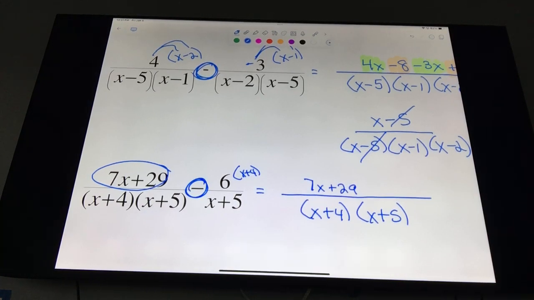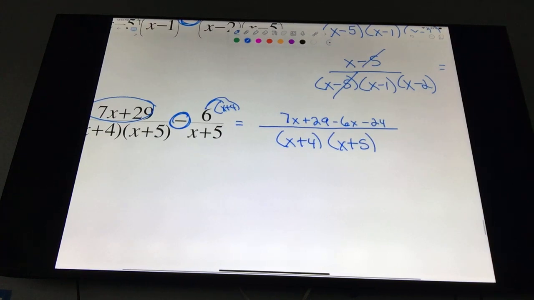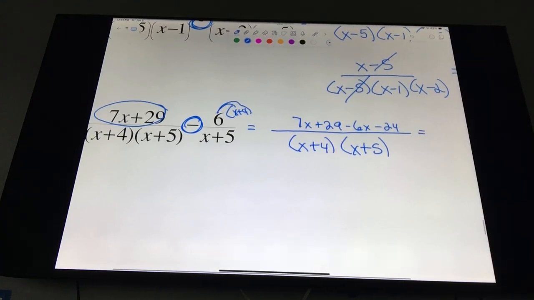Minus 6 times x, minus 6x, minus 6 times positive 4, minus 24. And then add, factor, reduce.